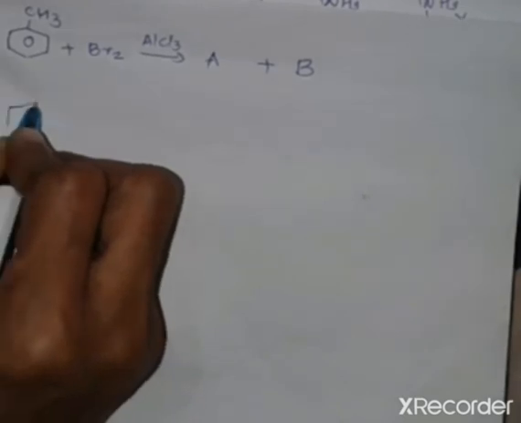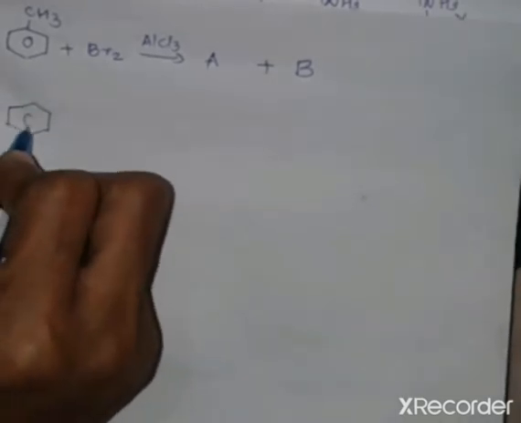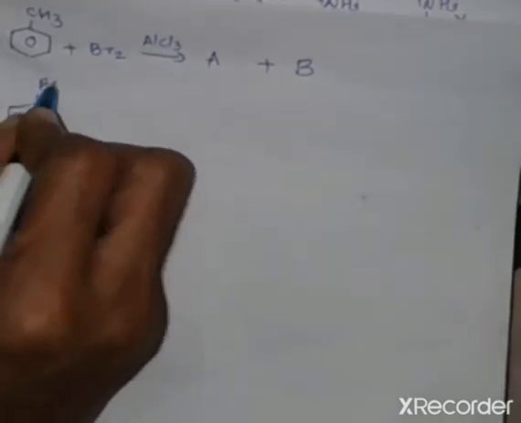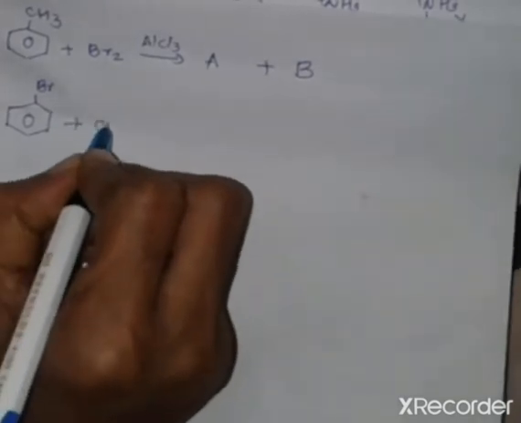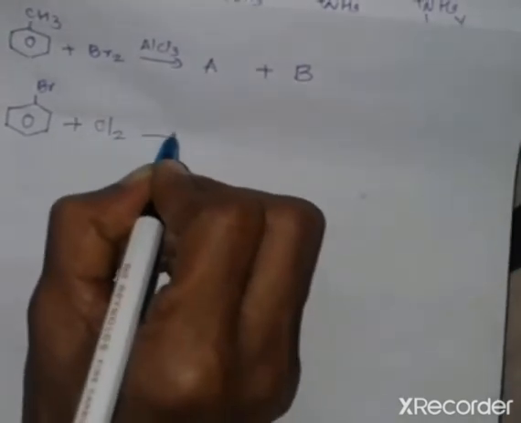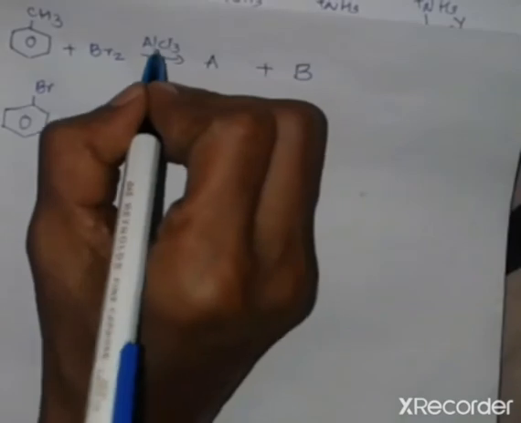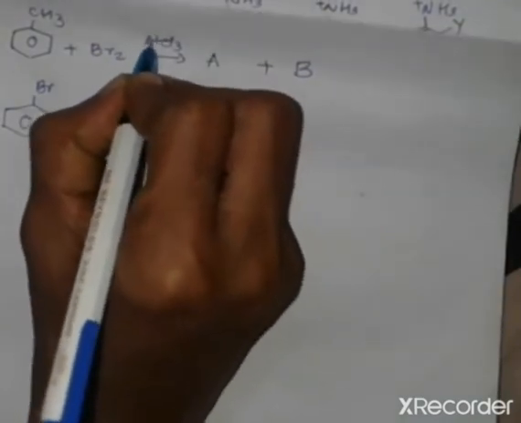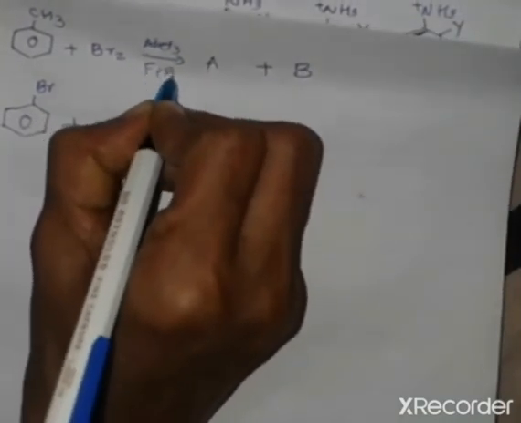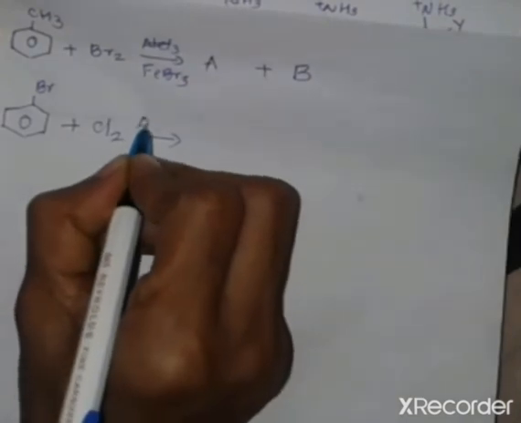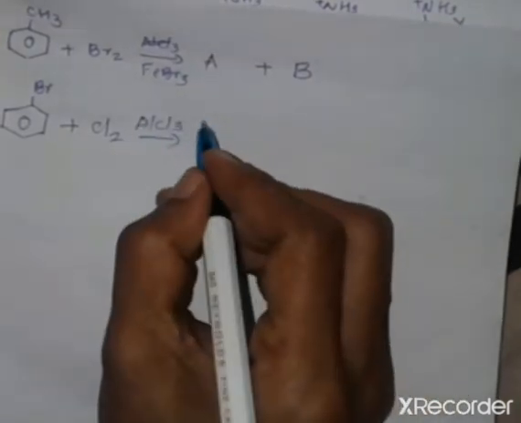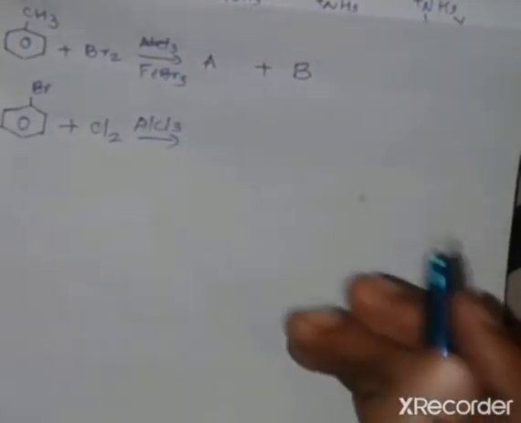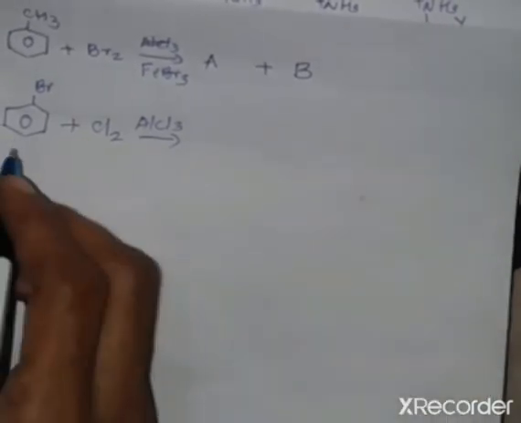And then again, the bromobenzene undergoes chlorination in the presence of FeBr3 and AlCl3. Write the product.